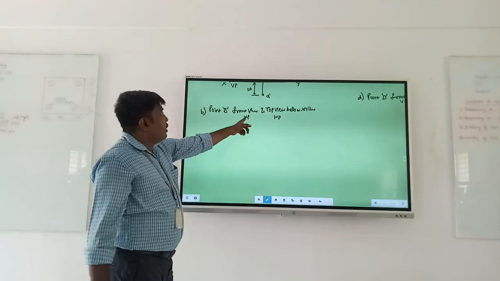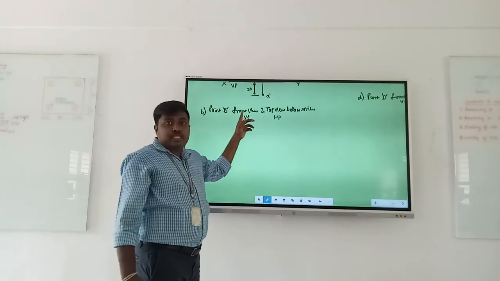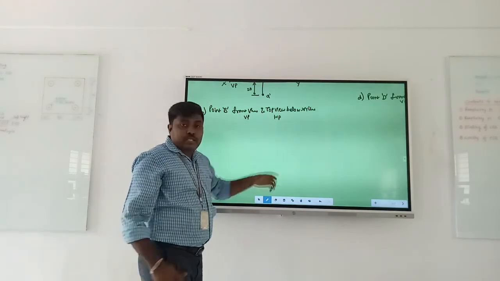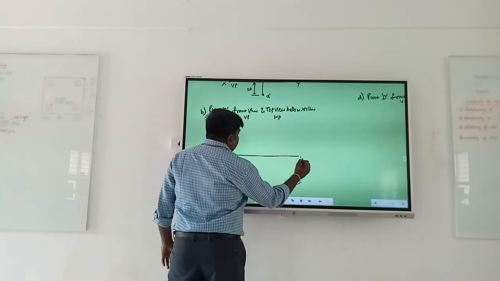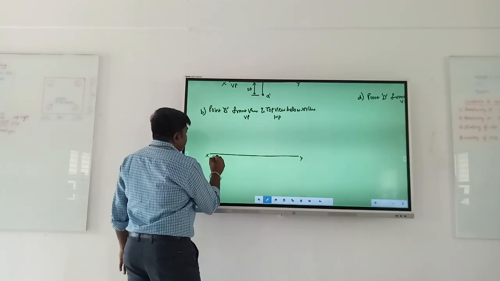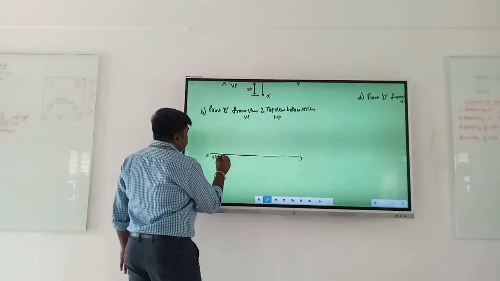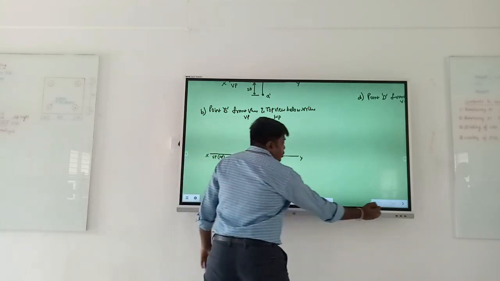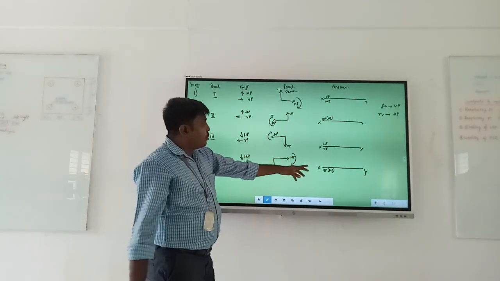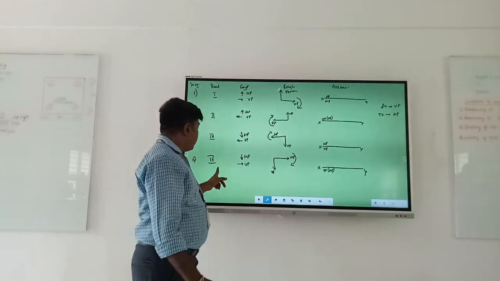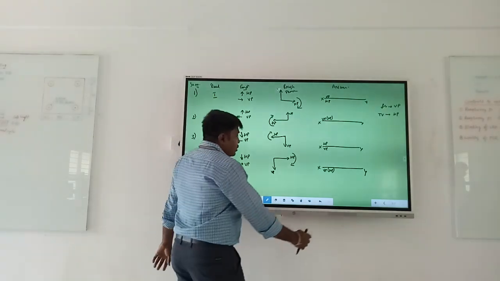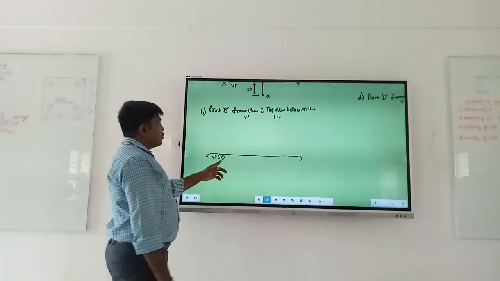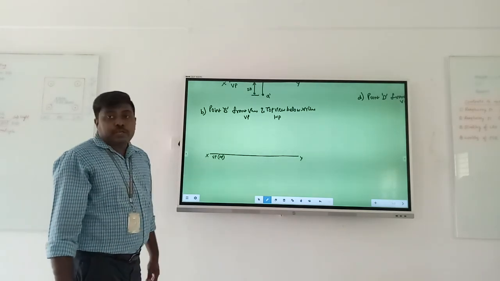Similarly, point number 2 says point B, front view and top view both are below XY line, that is VP and HP both below XY line. In which quadrant do you get VP and HP both below XY line? You get it in fourth quadrant. So you should understand this problem is related to fourth quadrant.